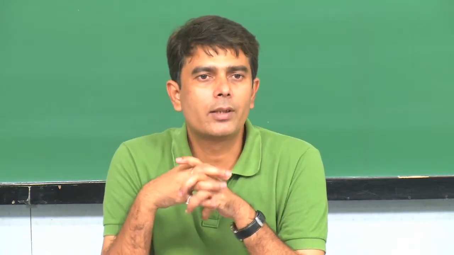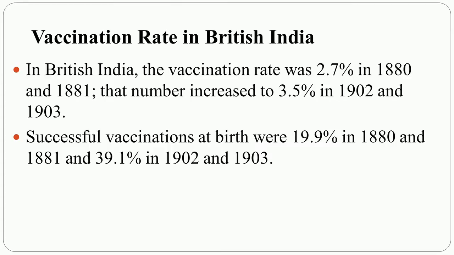If we look back at the vaccination rate in British India, in colonial India the vaccination rate was 2.7% in 1880-81, which increased to 3.5% in 1902-03, and successful vaccination at birth was 19.9% in 1880 and 18.8% and 13.9% in 1902 and 03.